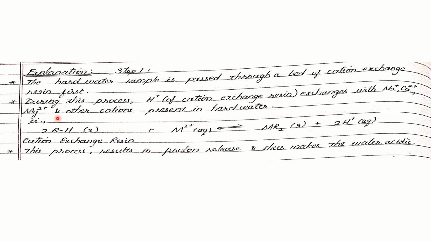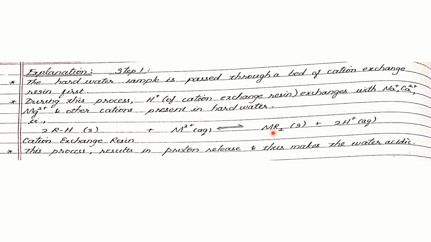When the cation exchange resin bed has exchanged all of its H+ ions with other cations which may be present in hard water, it gets exhausted. The exhausted form of the cation exchange resin is represented as R2M, where M stands for cations like Na+, Ca2+, Mg2+, and so on, which are adsorbed by the cation exchange resin bed when the hard water sample is passed through it.